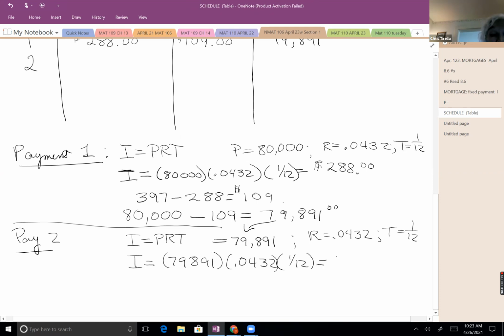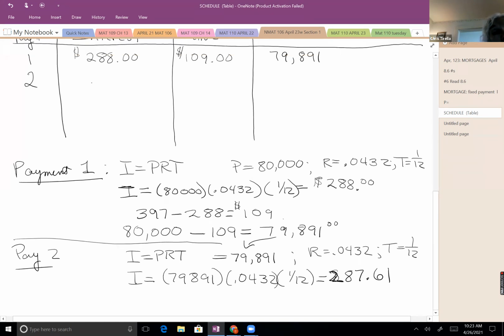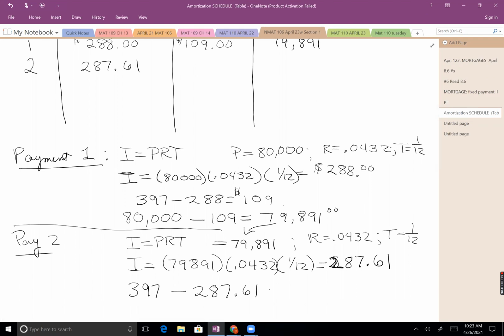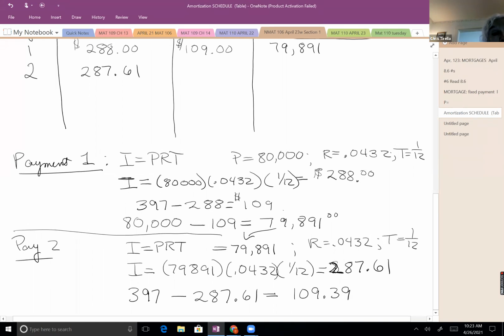It's lower. It's $287.61. And so when I take my payment and subtract that amount, I get that $109.39 is going towards the house.